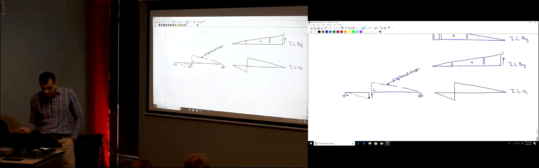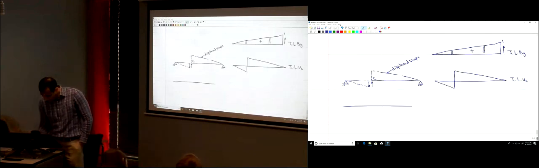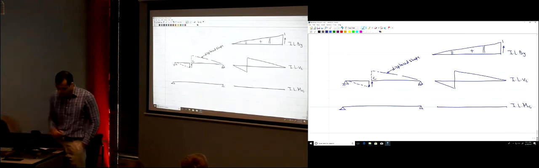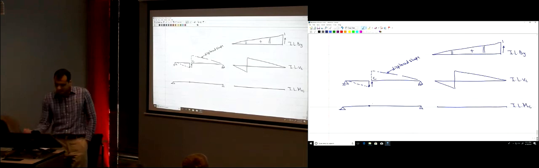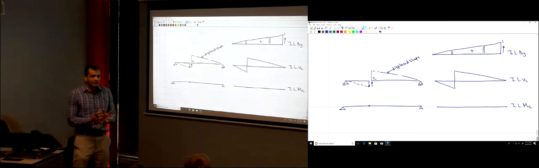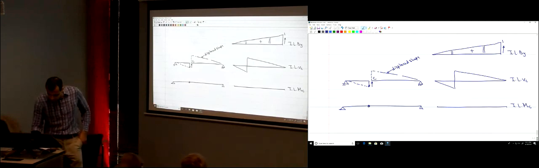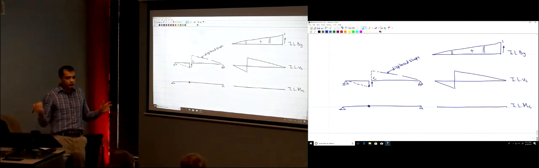What about MC? I want to draw the influence line of MC. Here, at point C, there is a moment. I want to release it so that I can put the unit displacement. So to release the moment, assume that there is an internal hinge here.